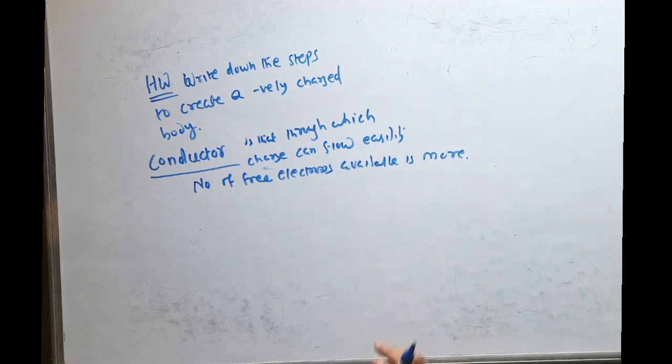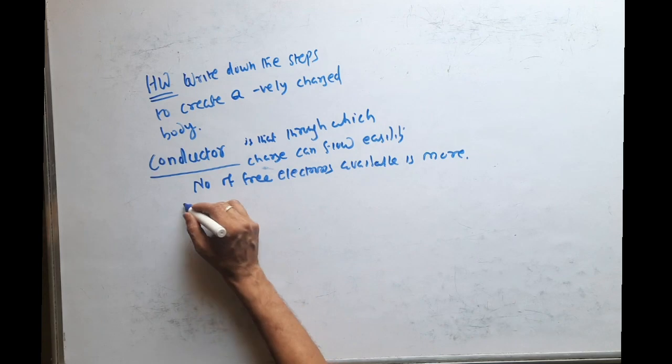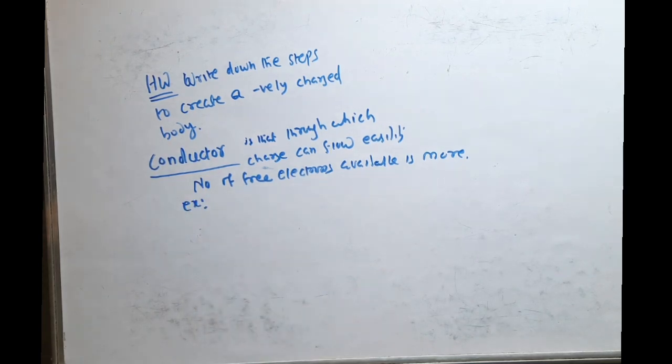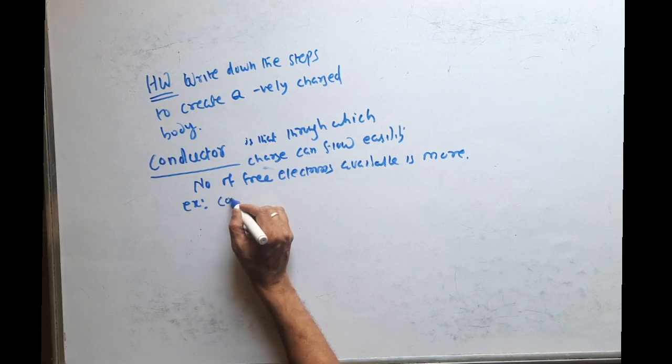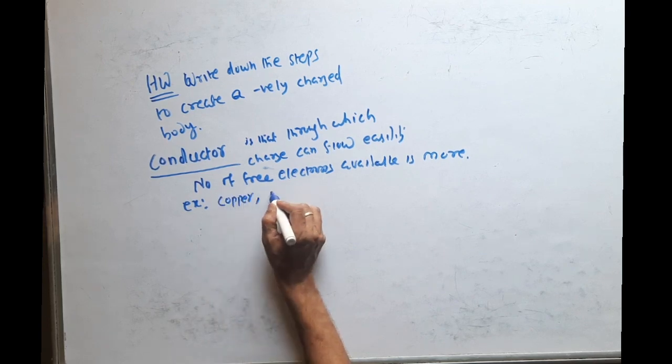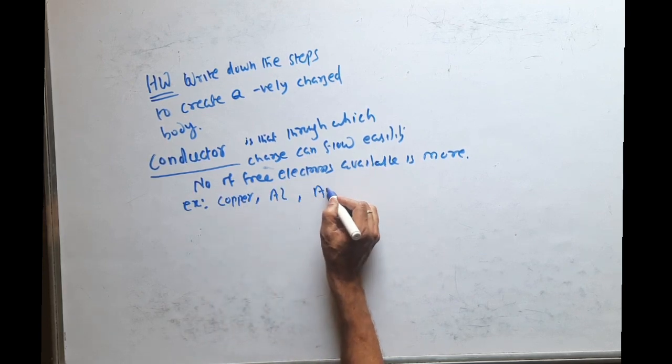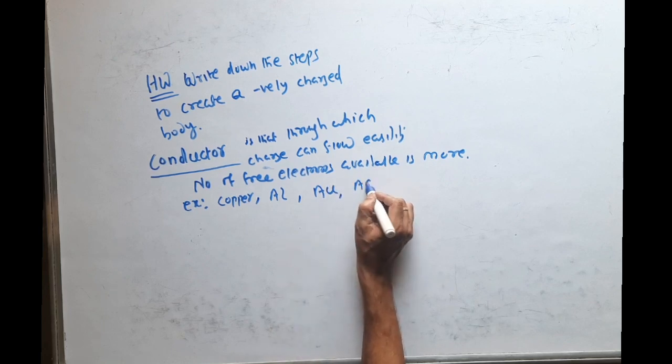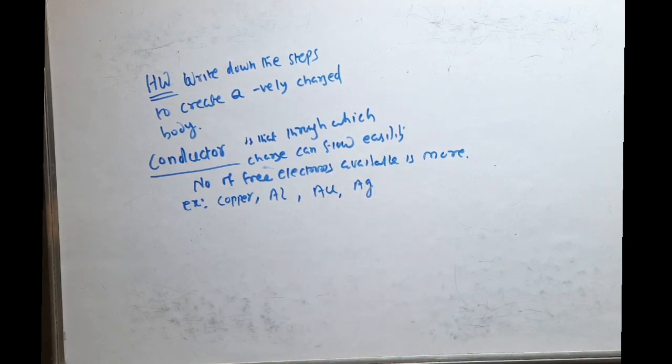There are more free electrons available in the conductor. What is the example? Any metallic conductor, you can say it is a good conductor of charge. So examples are copper, aluminum, gold, silver, etc. So these are called conductors.